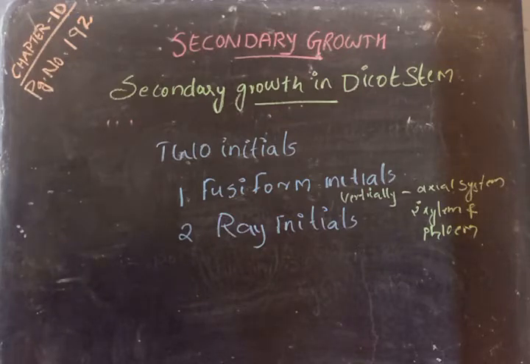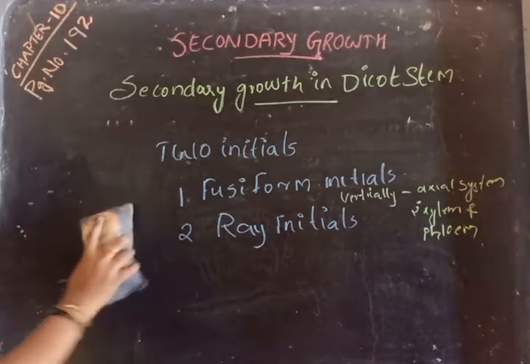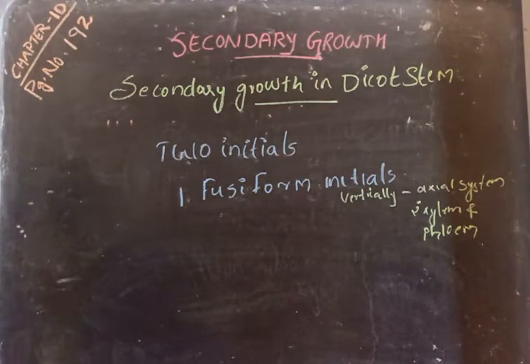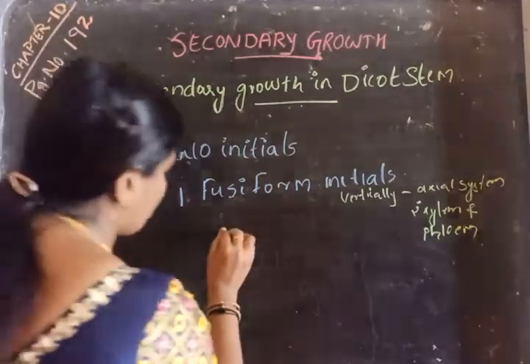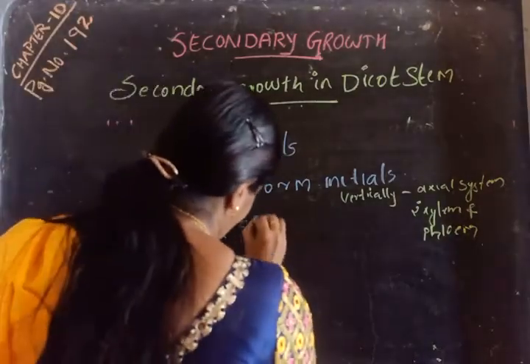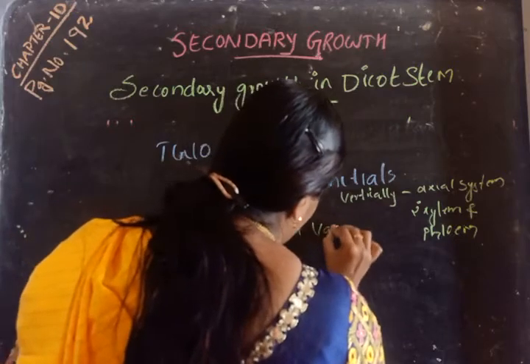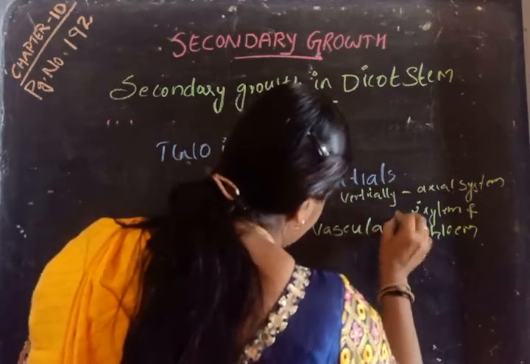Based on the arrangement of the fusiform initials, there are two types of vascular cambium. First one is storied vascular cambium and second one is non-storied vascular cambium.